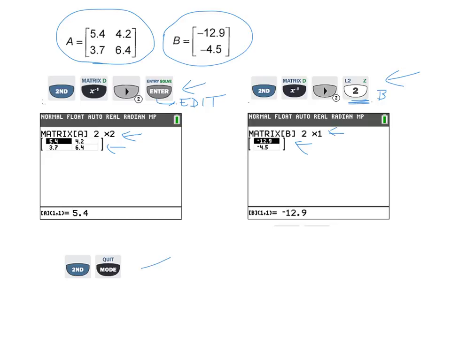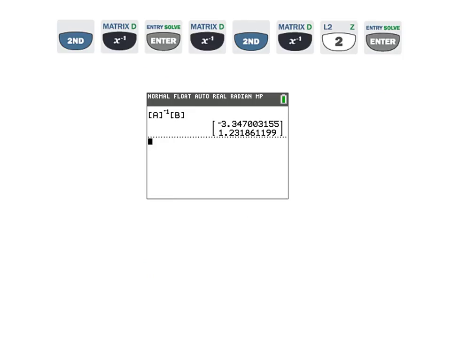Now that you've entered in matrix A and matrix B, we need to get back to the home screen, so you'll push second quit. Now what we're trying to get is the inverse of A times B. So first of all, we call up matrix A. You'll push second matrix and then just enter because you'll be right on A. Then we need the inverse, and that's just simply the x to the minus 1 button.